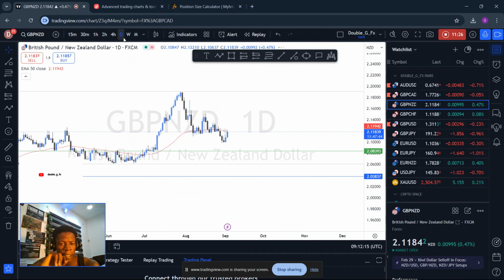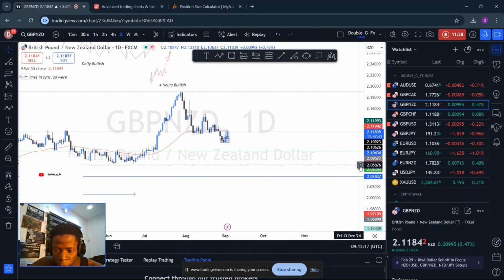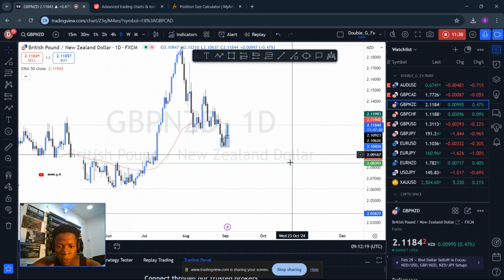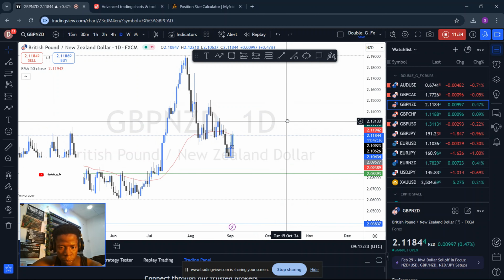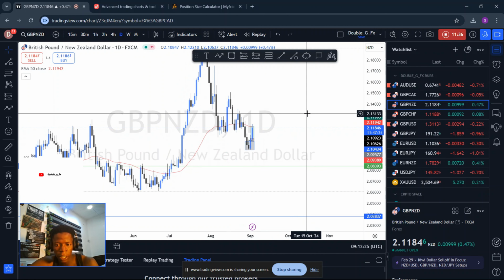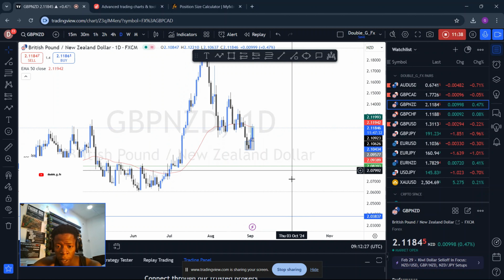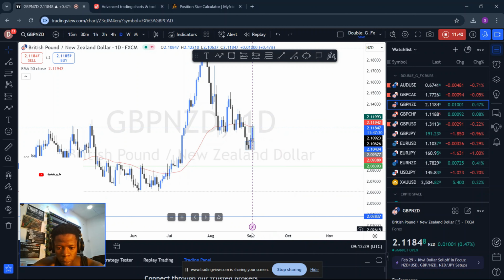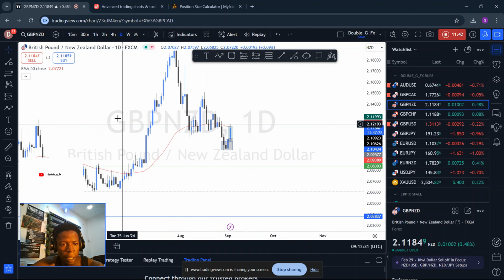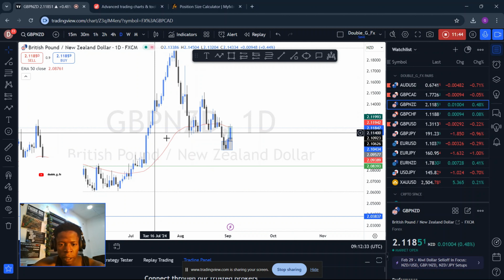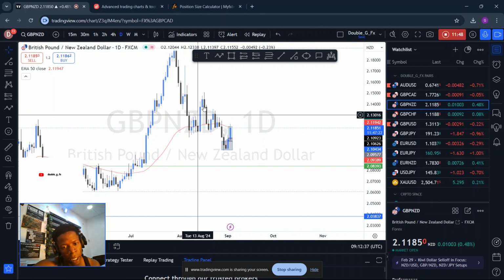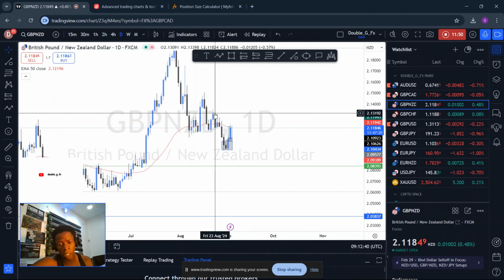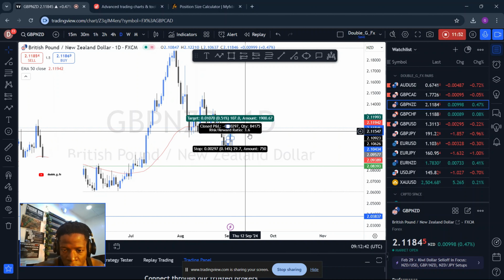So let's go to our daily time frame and see what's happening there. On our daily time frame, price is actually bearish. We had a head and shoulders around here, a left shoulder, head, right shoulder, then a break and retest around this level.